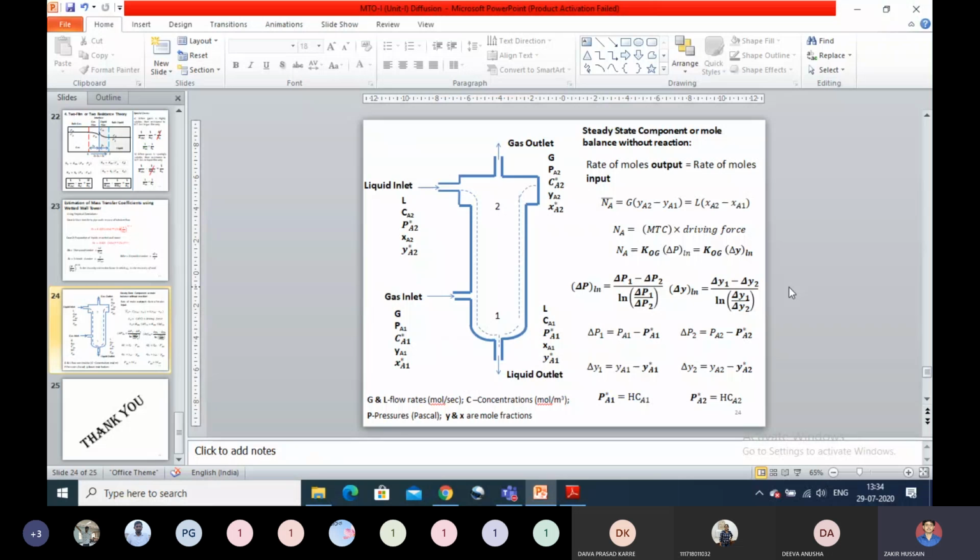Well, you can see here, we can balance the equation throughout here.